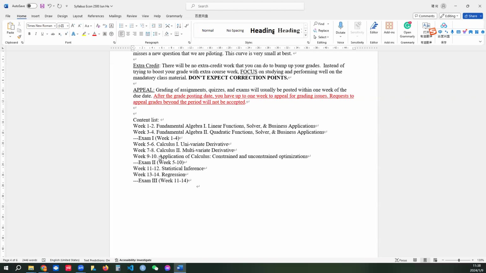And in the end, which is the combination of it, we are applying our understanding of derivatives to solve constrained and unconstrained optimization problems. Also, Excel is used here for you to double-check your answer.